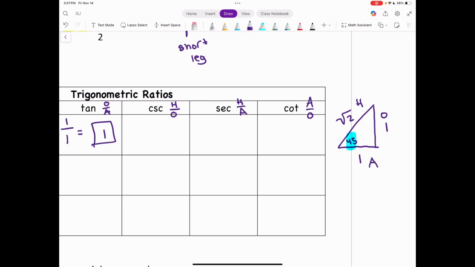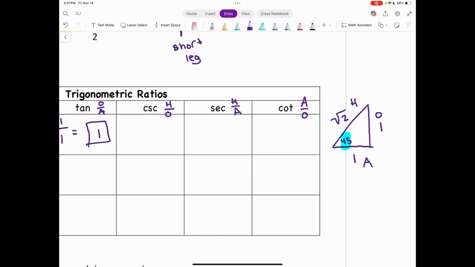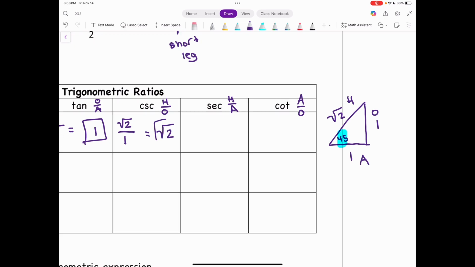Cosecant is hypotenuse over opposite, so that would be the square root of 2, that's our hypotenuse, over our opposite, which is 1. And we can simplify that to just the square root of 2. So this is our exact answer for cosecant at a 45-degree angle.